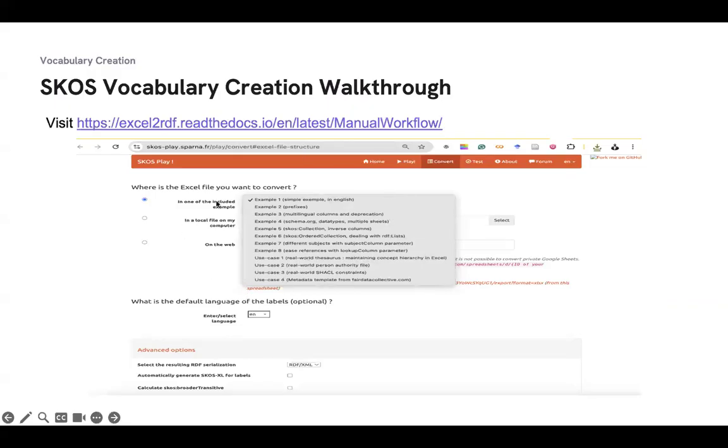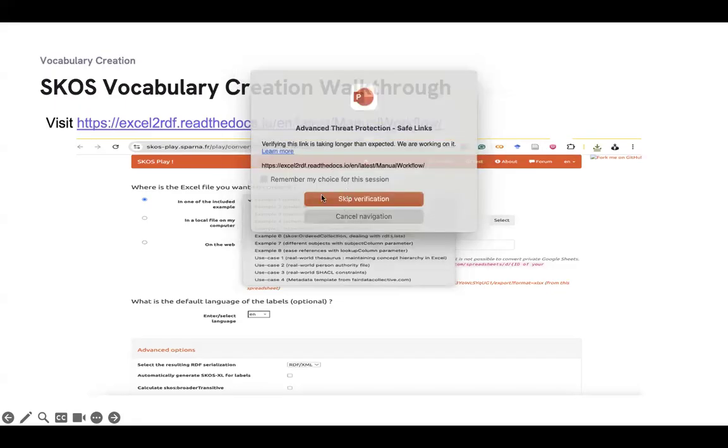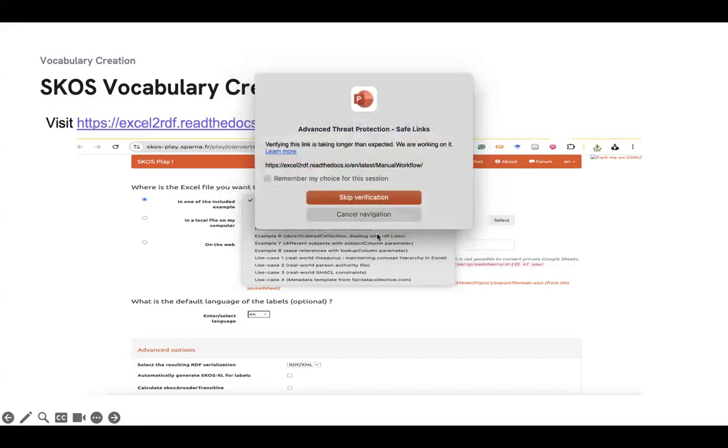That means you have had, if not, going to this link will get you nearly there, not there, because when you click on it, you're actually taken, so maybe I will just skip verification. Let me see.